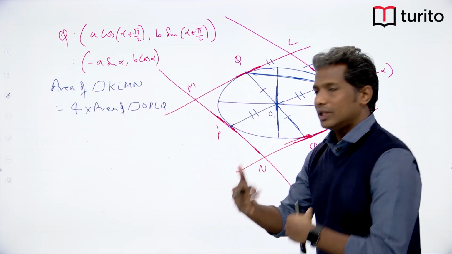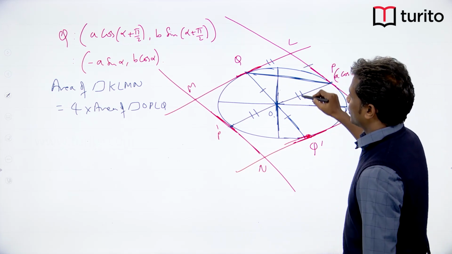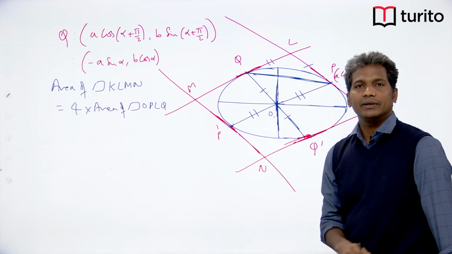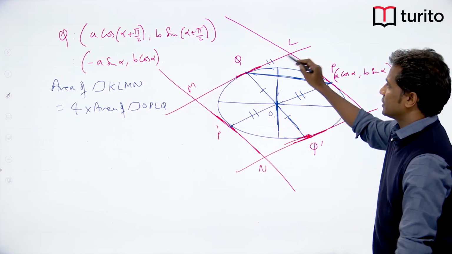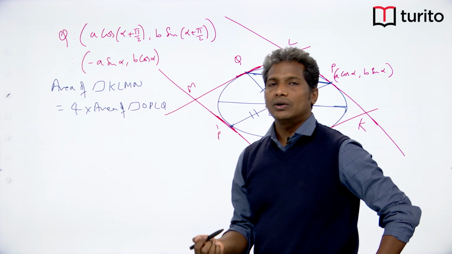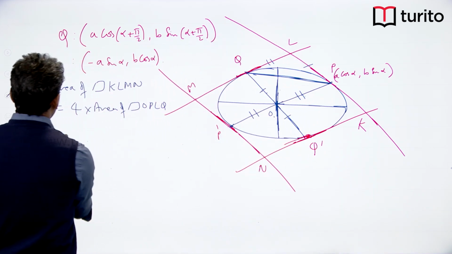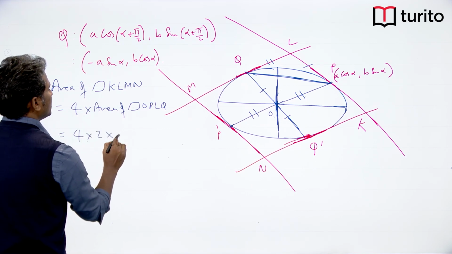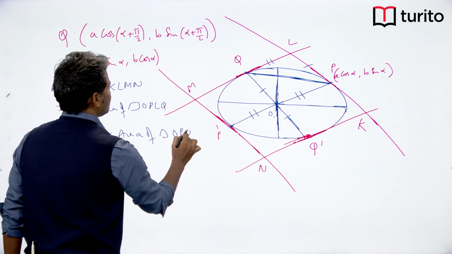Now, the next stage: because these two sides are parallel and equal and these two are also parallel and equal, PQ becomes the diagonal of this smaller parallelogram. We know the property of a parallelogram that a diagonal bisects the area. So this is further 2 into the area of triangle OPQ.